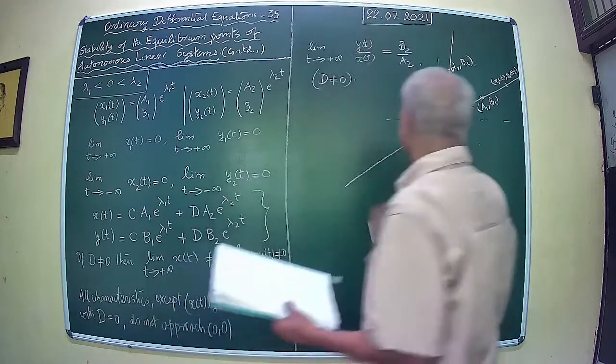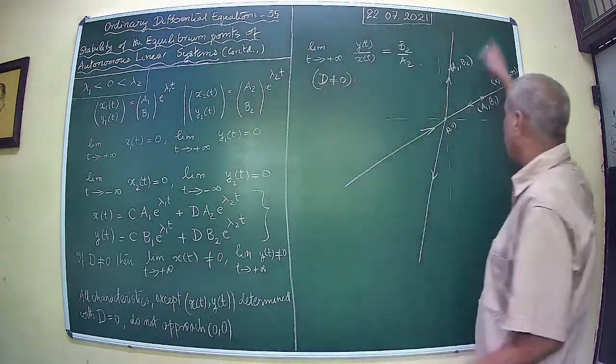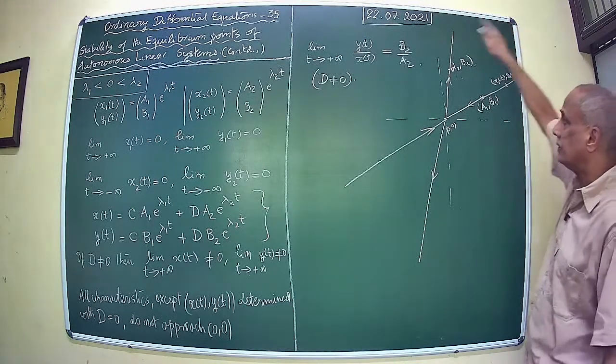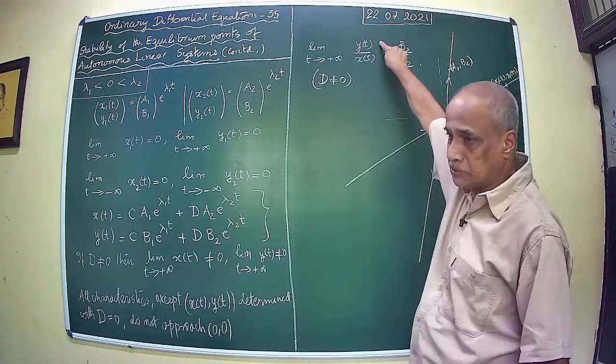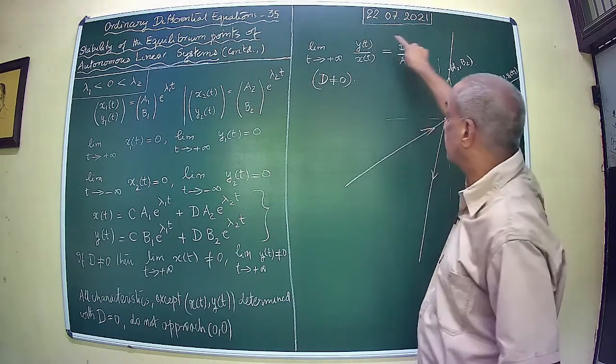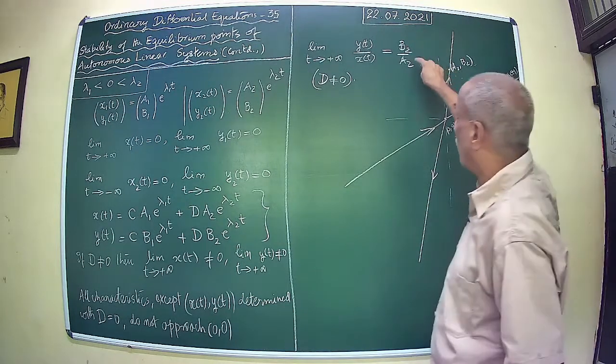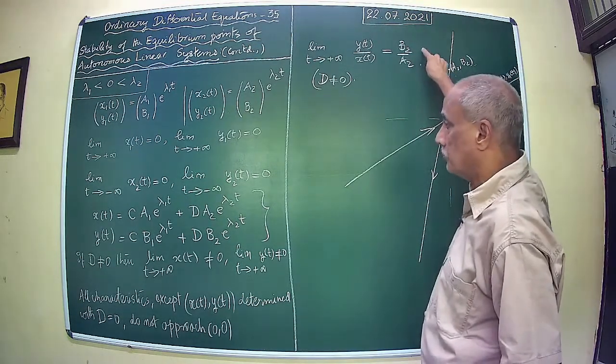What does this mean? This means that the path along which the particle escapes is always eventually along the direction of the vector a2, b2.